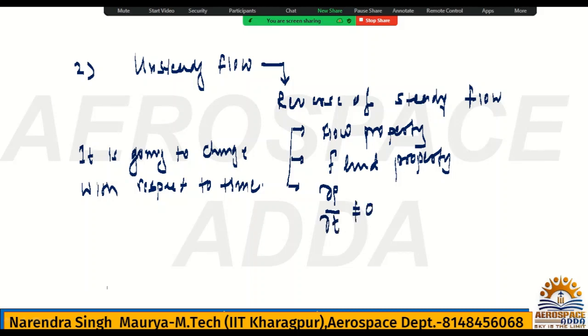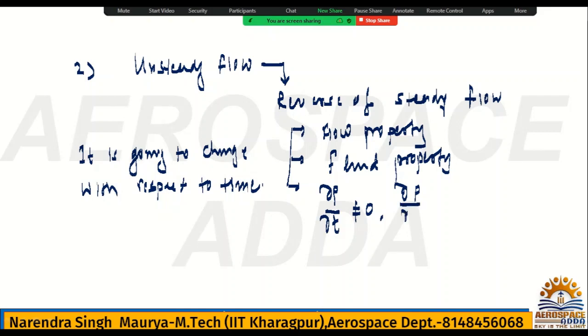Why? Because it is going to change. It is variable now. For what will the derivative be zero? For a constant value, the derivative will be zero. But if it is not constant, it is variable, then the derivative will not be zero. It is going to change with respect to time, so the time derivative will not be zero here.